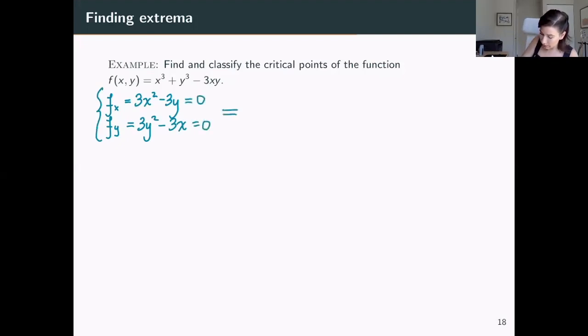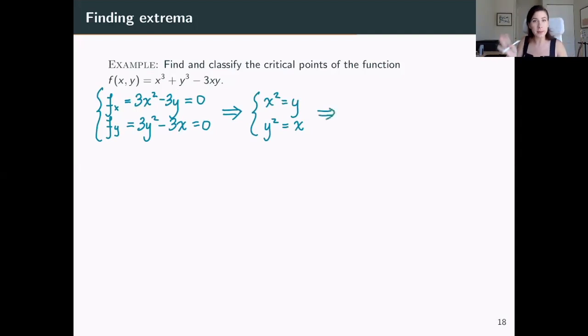We can do a little bit of simplification here. After dividing both sides by 3, we will have x squared equal to y. And same thing on the bottom, dividing both sides by 3, we will have y squared equal to x. Now, because this is a system of equations, we can do a substitution.